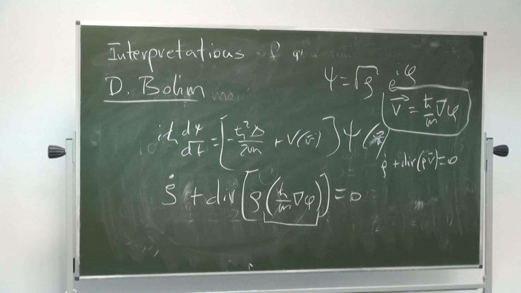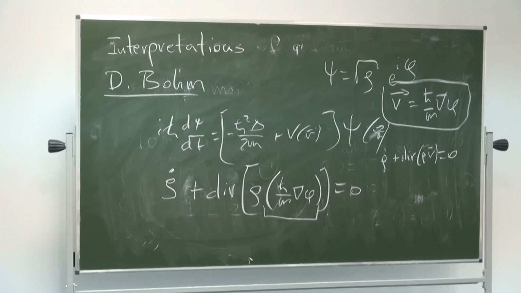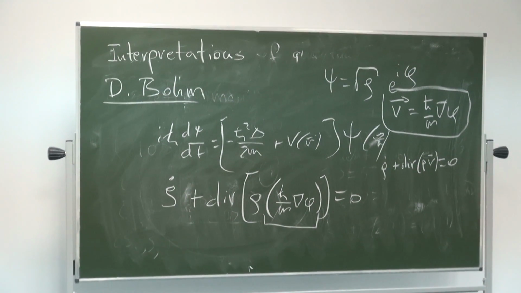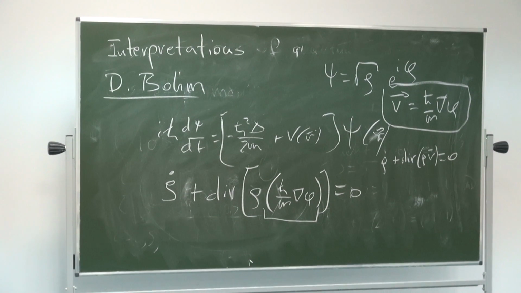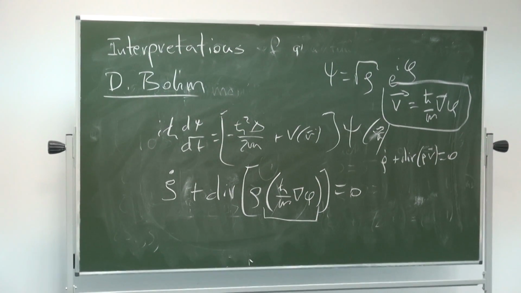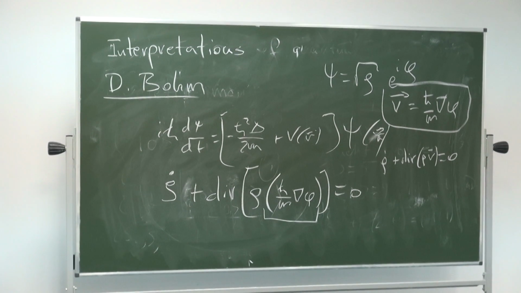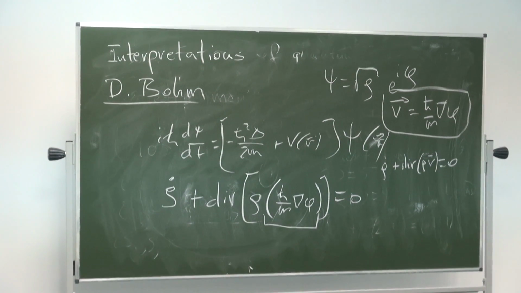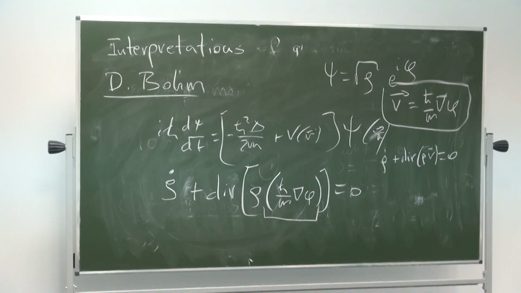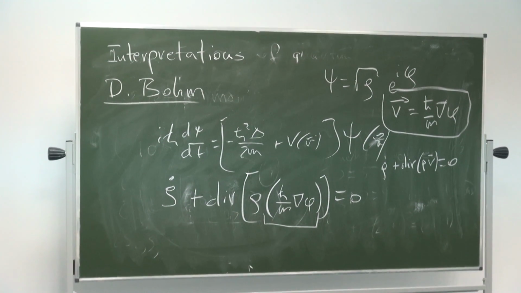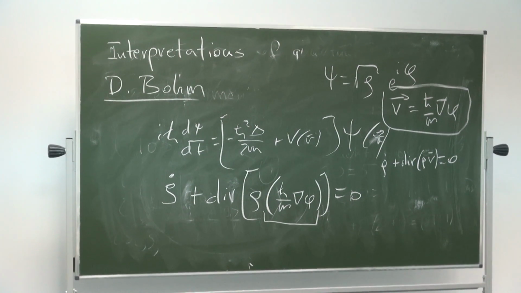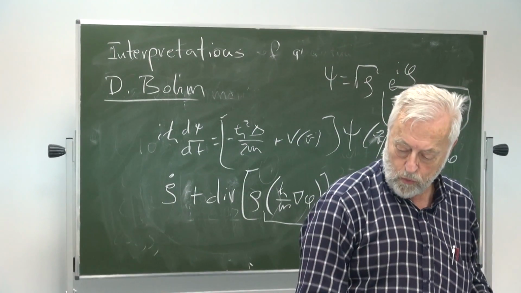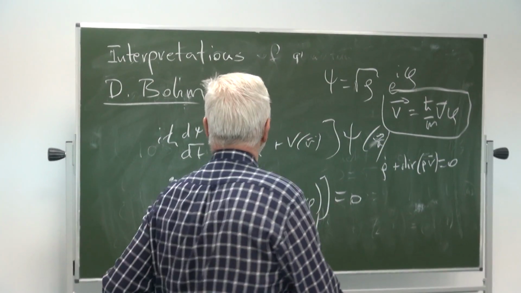If I would take some finite, well-defined volume in space and integrate the rho over this volume to get how much of this fluid, let me call it, is inside, then I would say that it changes only because of the flow from the borders, yes? You are all familiar with what I'm saying, yes? Right? The Stokes theorem.